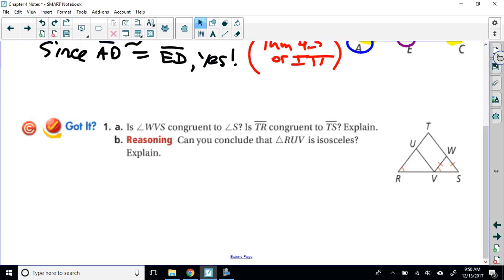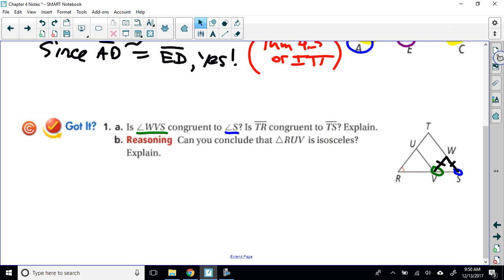Next, is angle WVS congruent to angle S? They're talking about this base angle down here, that's WVS. Is that congruent to angle S? Well, if we look, we've got this side congruent to this side. So since the sides are congruent, the angles are congruent.